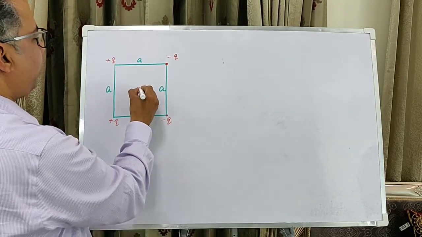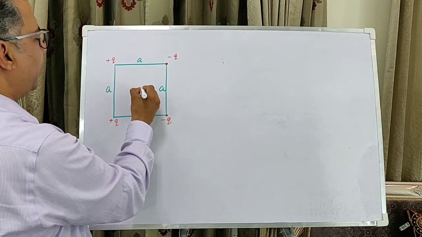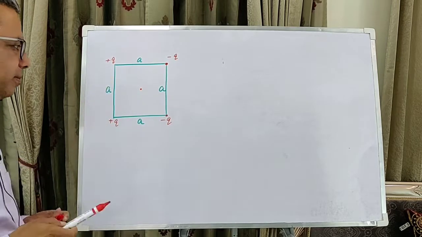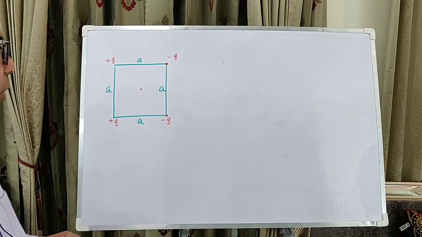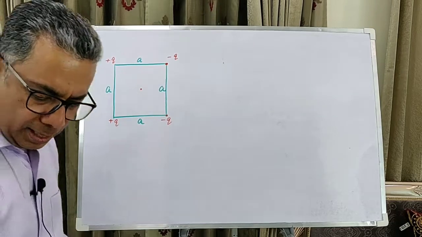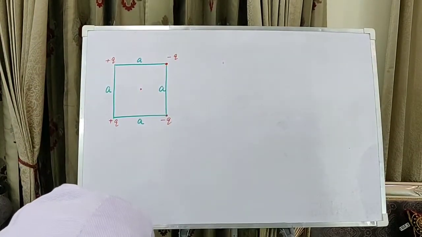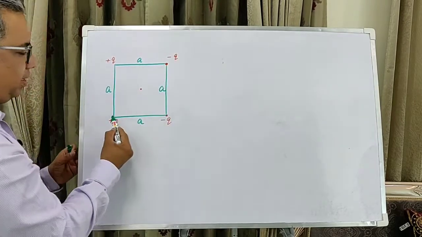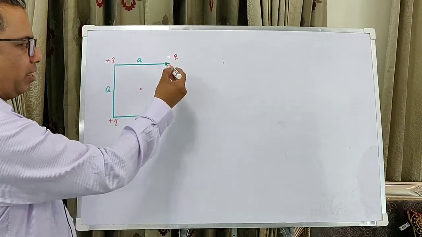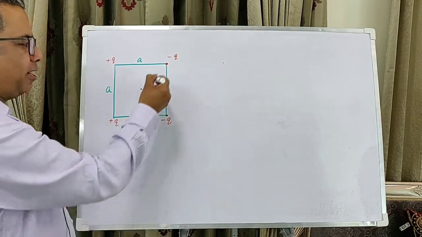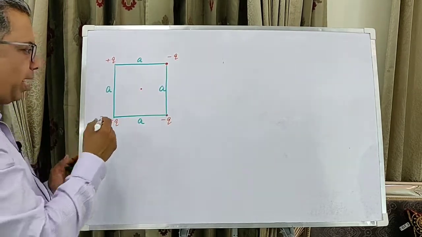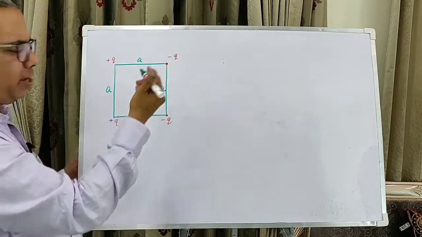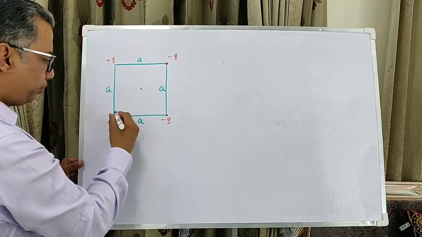Now we are interested in calculating the electric field at the midpoint of the square. First, we have to calculate the distances. This is A and this is A as well, so the diagonal of the square would be root 2 A, and half of that diagonal would be A by root 2.